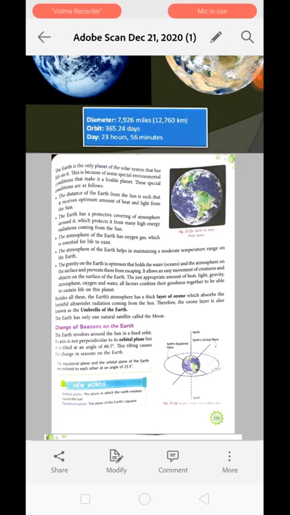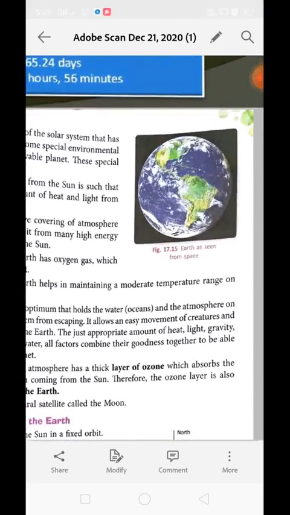The first one is the distance of the Earth from the sun is such an appropriate amount that it receives optimum amount of heat and light from the sun, which is not causing us any kind of damage, and it is making our life very smooth and very comfortable.